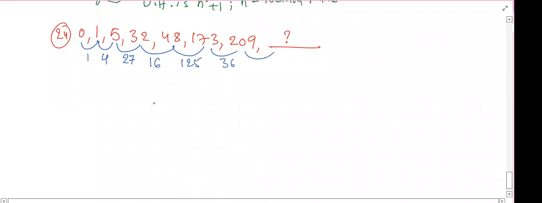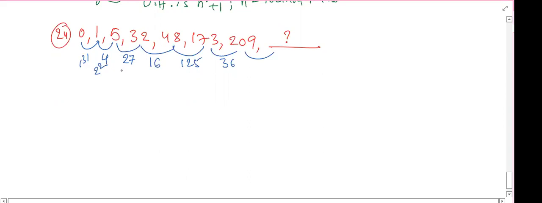Tell, Shravani. The first one is a cube, the second is a square, then cube, square, cube. I think it's like that. For 1, it'll be 1 cube. And it is 2 square.